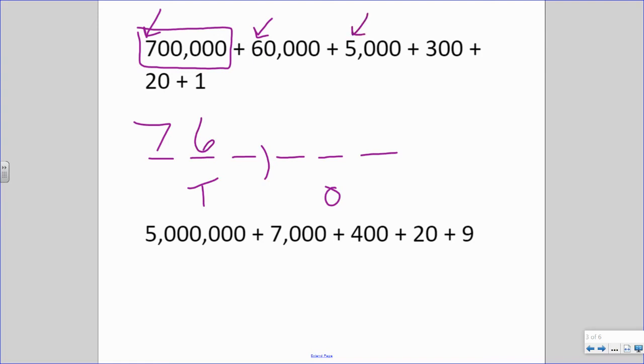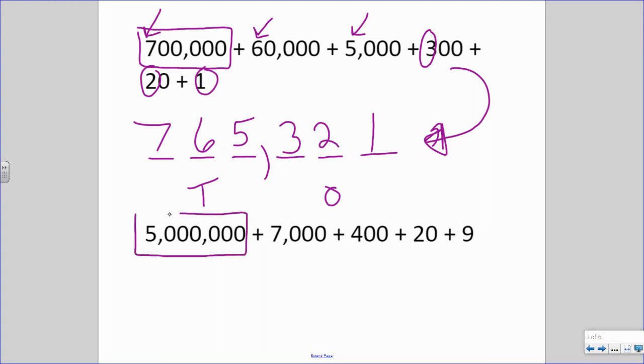This 5 is in the thousands place, so I need to make sure I put a 5 in my thousands place in my answer. Again, the 3 is in the hundreds place. The 2 is in the tens place. And the 1 is in the ones place. And when I put it into standard form, I end up with 765,321.